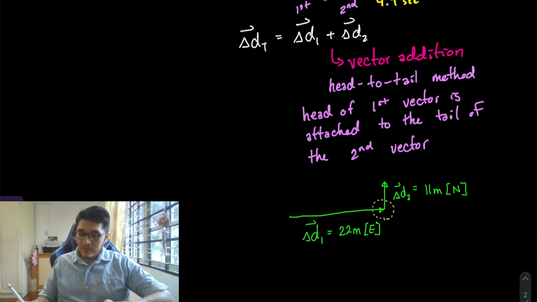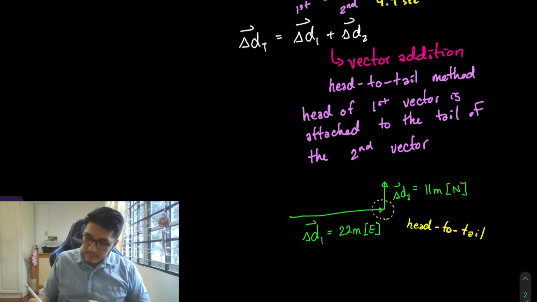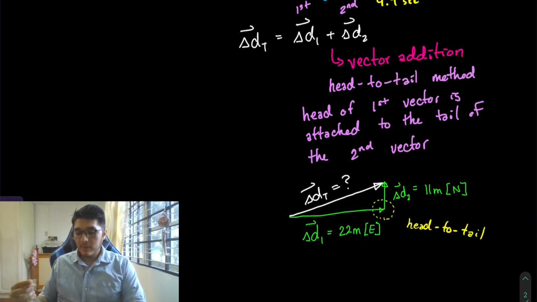They're already attached head to tail. So the only thing that we have left to do is to draw the resultant. The resultant is drawn from the tail of the first vector to the head of the second one. And we call that the total displacement vector, delta dt. That's our unknown. Now to calculate this, we're going to take advantage that this is, in particular, a right angle triangle.